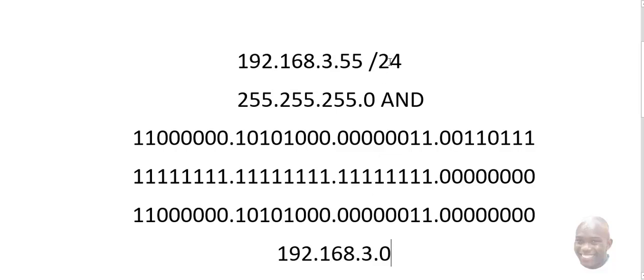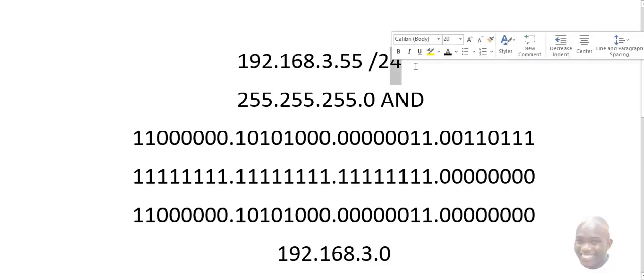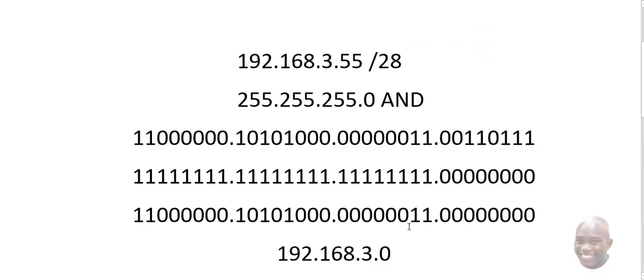For example, if I convert this /24 into a /28, it becomes difficult because it is classless, and we use the magic number to find network addresses. In the CCNA exam, they're going to ask you what the network address of a specific host in a range of IP numbers is.